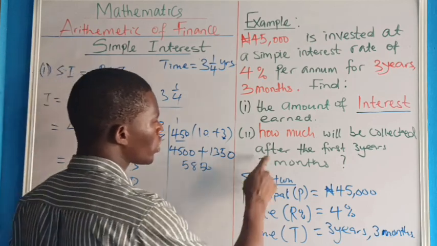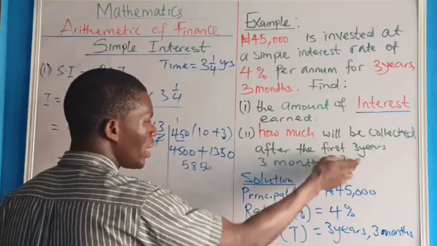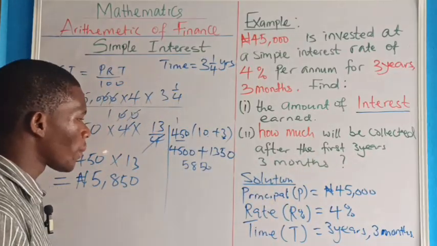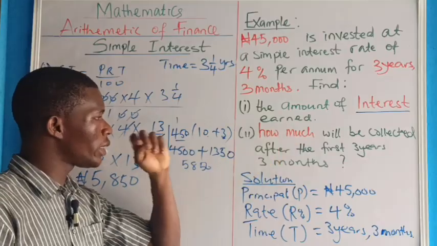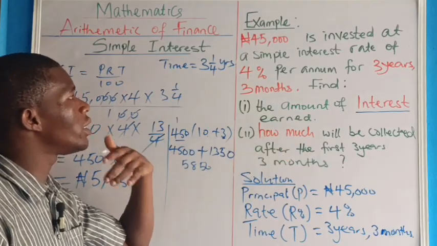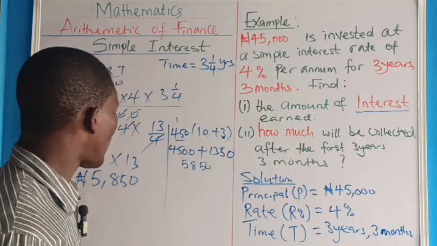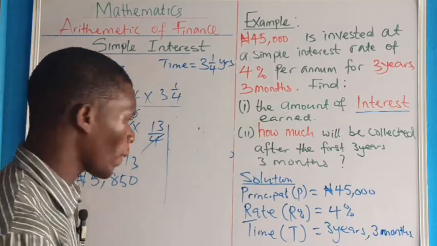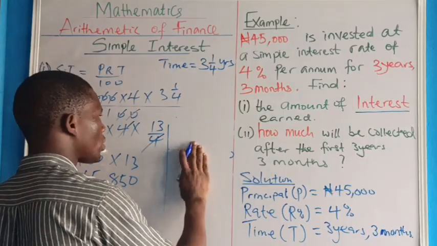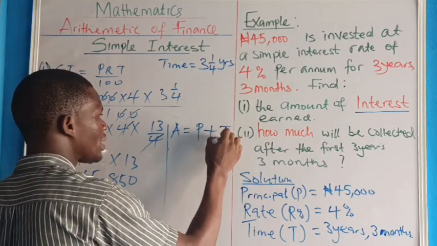The second question says, how much will be collected after the first 3 years, 3 months? This is asking us to calculate the amount, and remember that right from the start I gave the formula: amount is equal to principal plus the interest calculated.